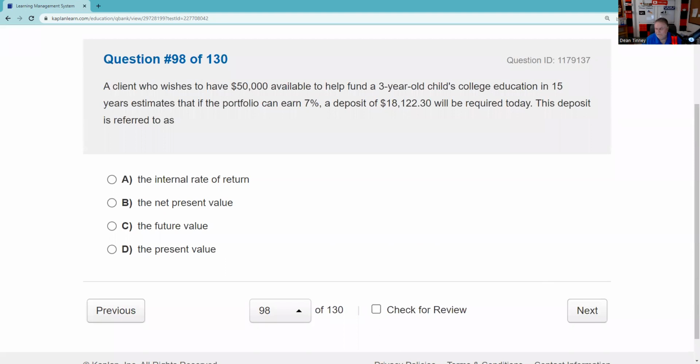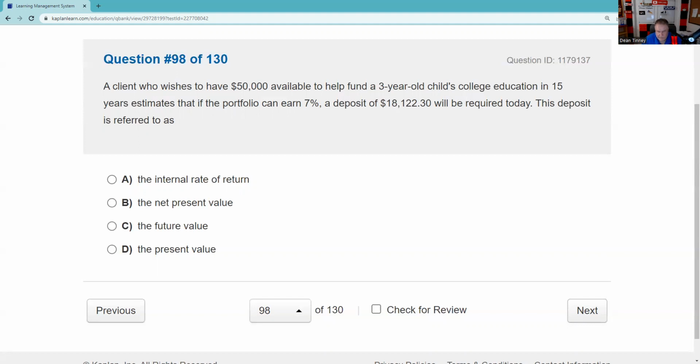A client wishes to have $50,000 available to help a college, 3-year college in 15 years. So it looks like we're looking for the future value of this money, right? Because we need $50,000 at some future date. So that's going to be important in terms of answering this kind of a question. Your client, you estimate you're going to need 7% return, and a deposit of $18,000 will be required today.